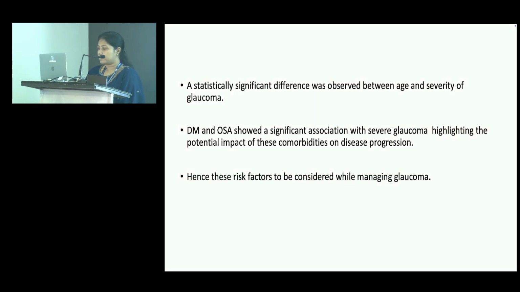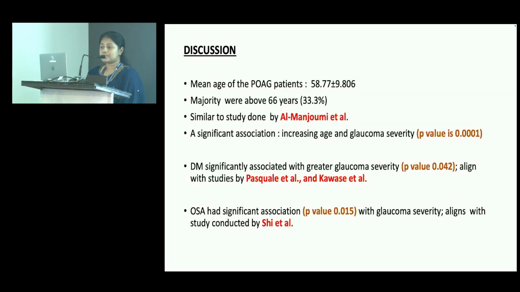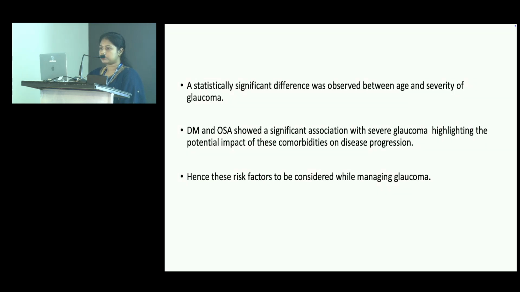Diabetes mellitus also showed a significant association with glaucoma severity, which aligns with the studies done by Pascal et al. and Cavazzi et al. OSA also had a significant association with glaucoma severity, and it aligns with the study done by Shi et al. So a statistically significant difference was observed between age and the severity of glaucoma.